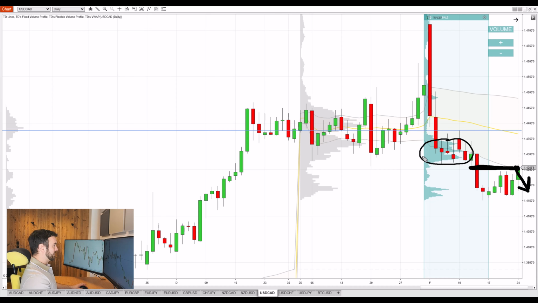This was a sign of sellers accumulating short positions in this circled area. From there, the price went downwards. For that reason, I was waiting for a pullback into the beginning of that heavy volume zone, and that was my resistance from which I went short. That's the volume profile setup that I like to trade with.